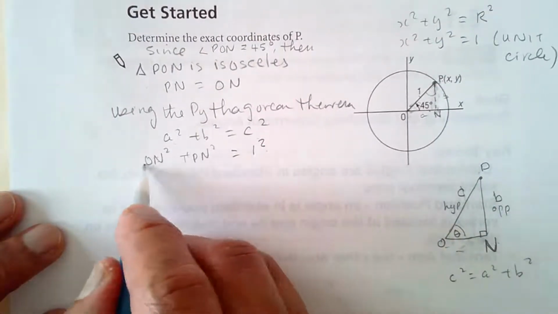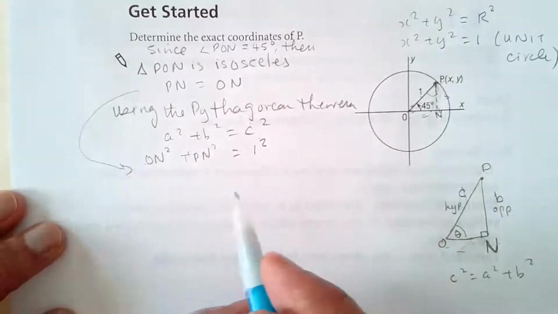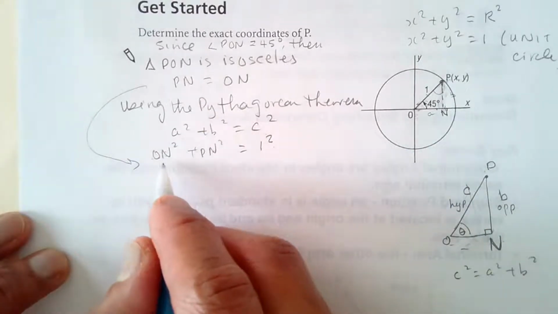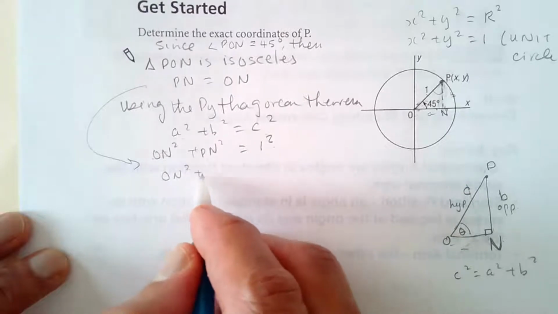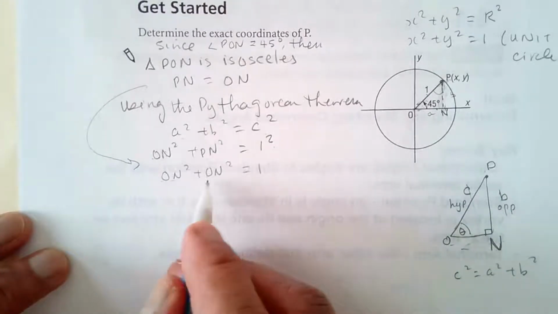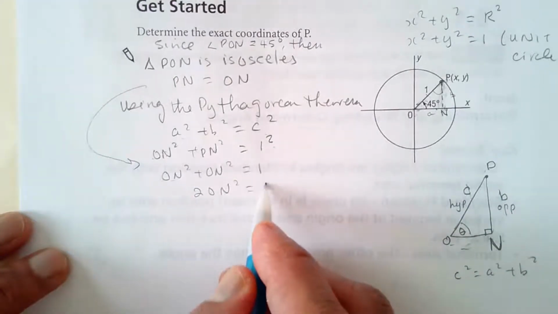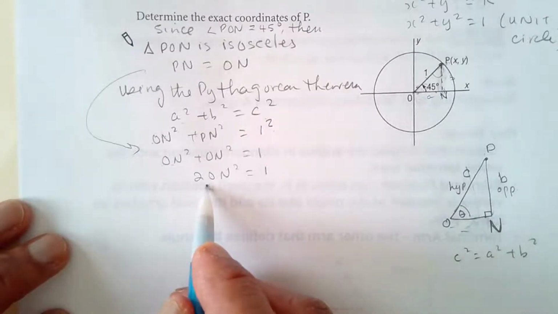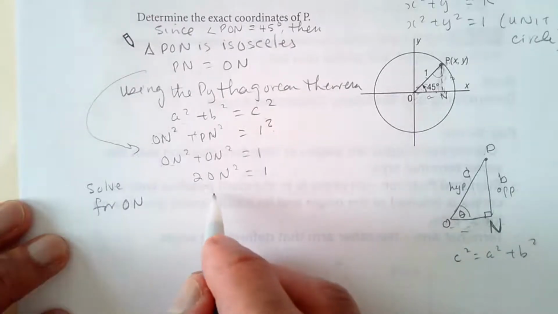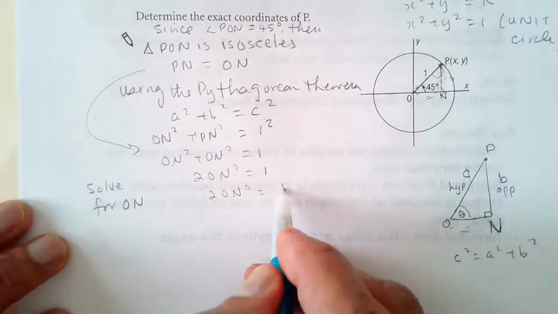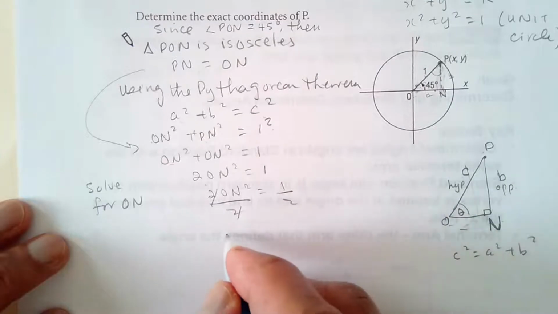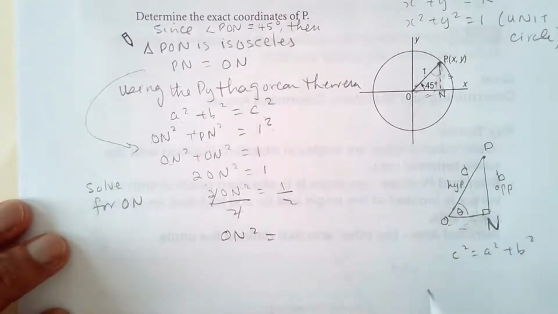Now, since ON is equal to PN, we can make them all ON. So we have ON squared plus ON squared is equal to 1. Now we have 2 ON squared here. Now solve for ON. We'll divide both sides by 2, so ON squared will be equal to 1/2.